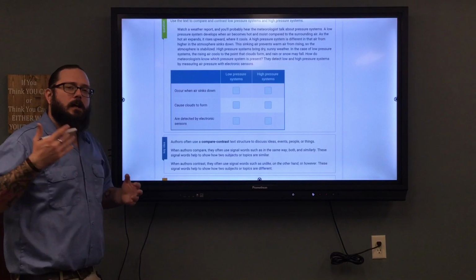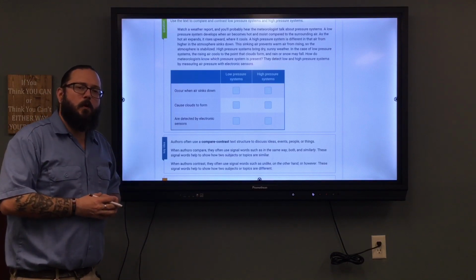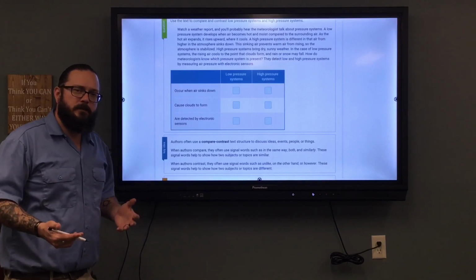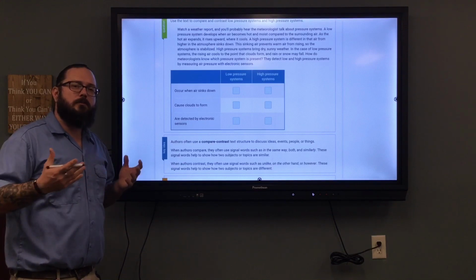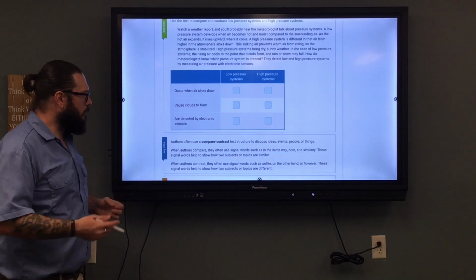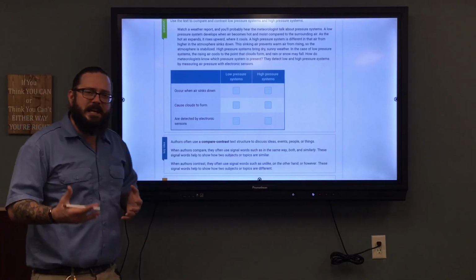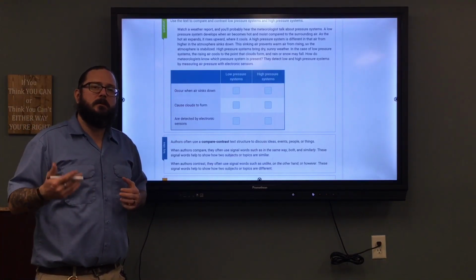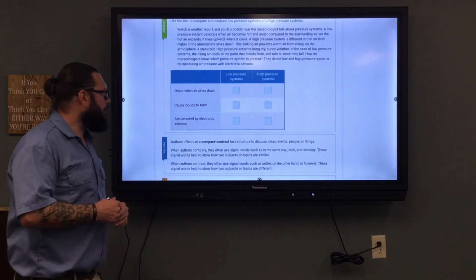So in an earlier module, we worked through text structures. And as you recall, compare and contrast relationships was one of the text structures that we went over. So let's take a moment and recap the purpose of the compare and contrast text structure.